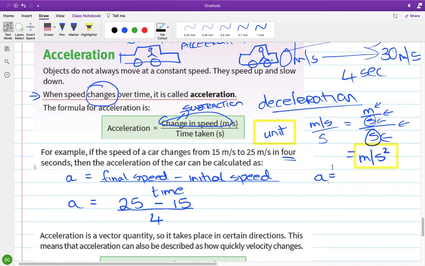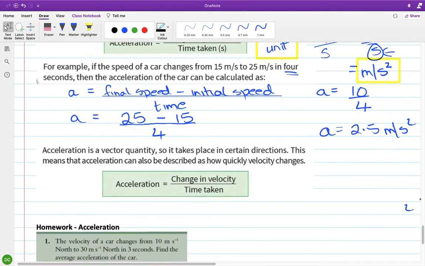So 25 minus 15 is 10, over 4. That is 2.5, and your units are meters per second squared. So that's how you do the calculation: you subtract the speeds and divide by the time.